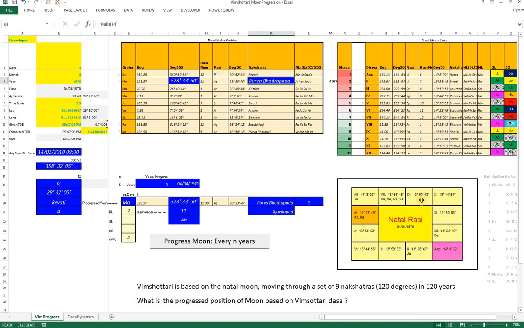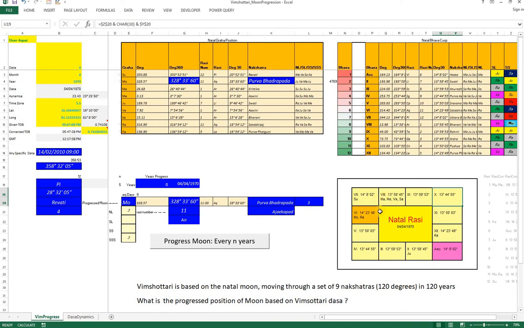And by the time he reaches 120 degrees, it will be somewhere here only, and he would pass as age takes up. So the moon basically progresses only a few signs. It starts with a particular sign, in this case Aries, and it might last till he gets into the next Aries sign.